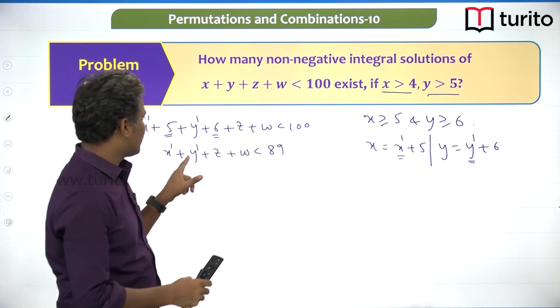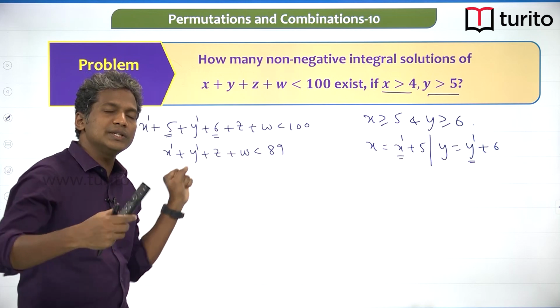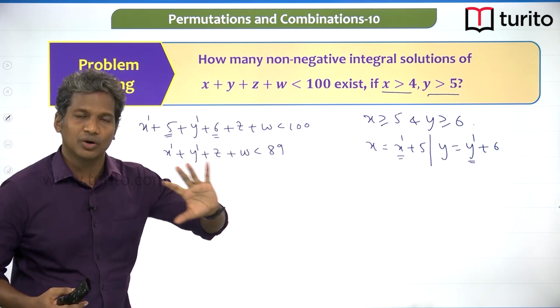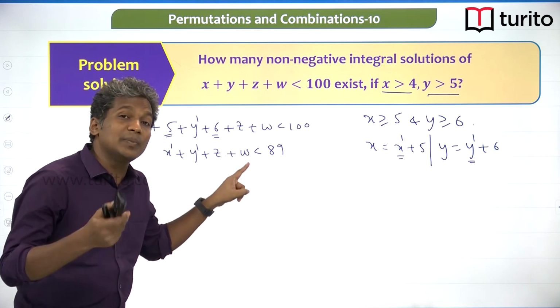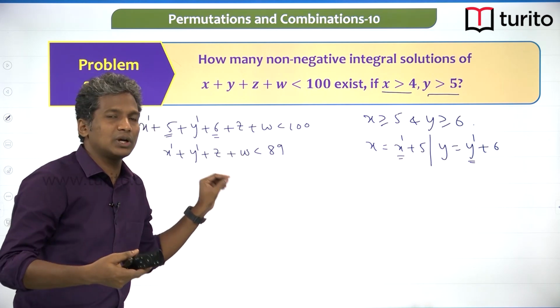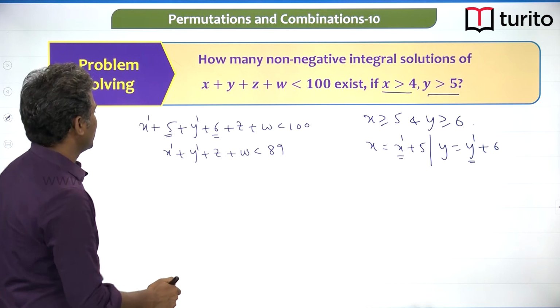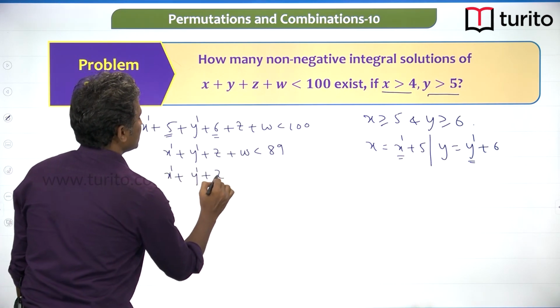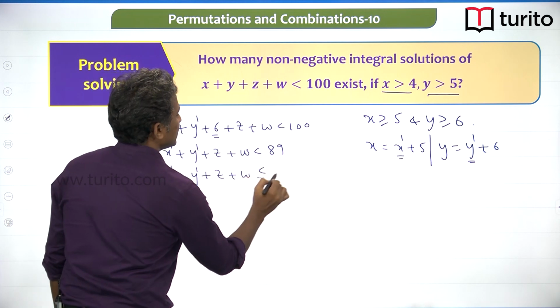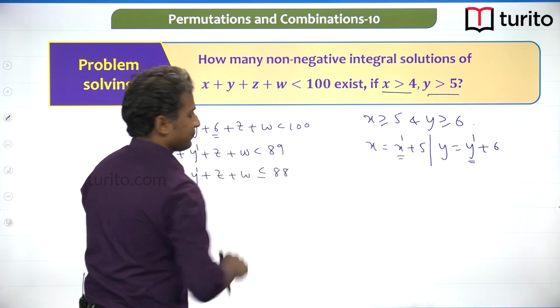So here x dash, y dash, z and w, all these four variables can be non-negative, but this summation cannot be exactly equal to 89. So what can we say? We can modify this and write it as x dash plus y dash plus z plus w is less than or equal to 88.